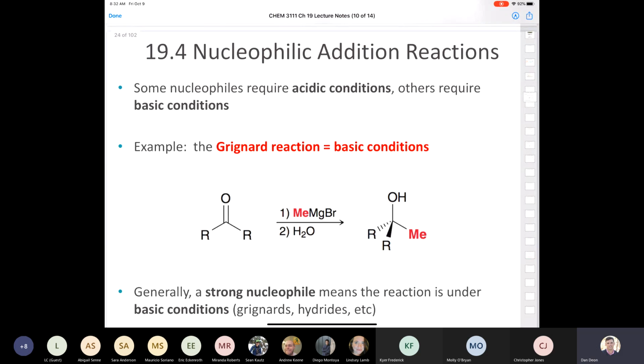Some nucleophiles require acidic conditions, others require basic conditions. Here's an example of a reaction that requires basic conditions. A Grignard reaction, right? This goes all the way back to Grignard chemistry.